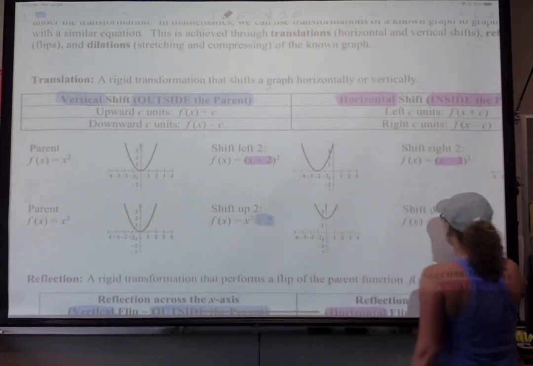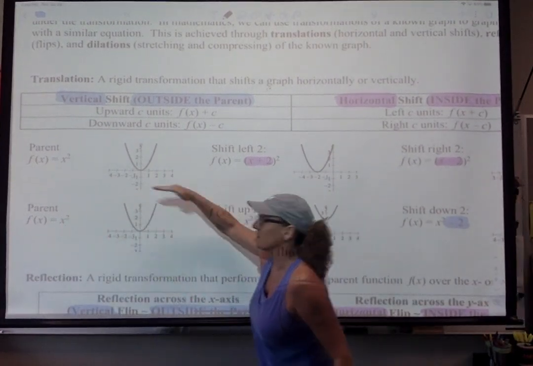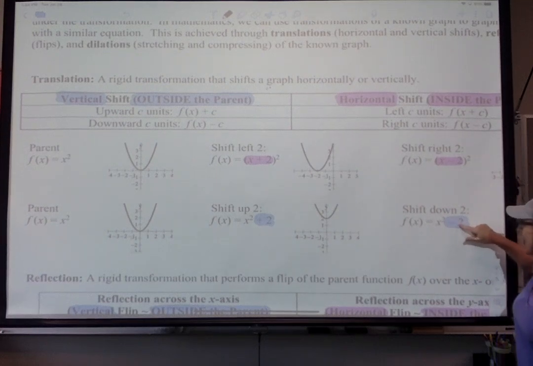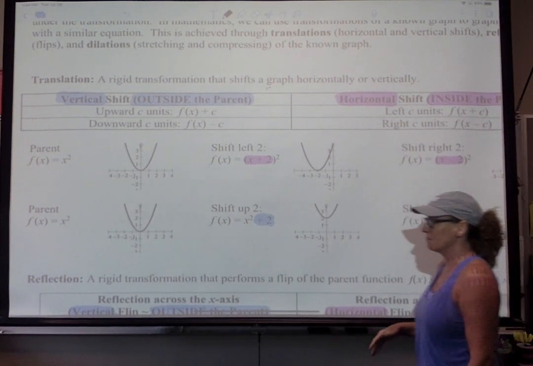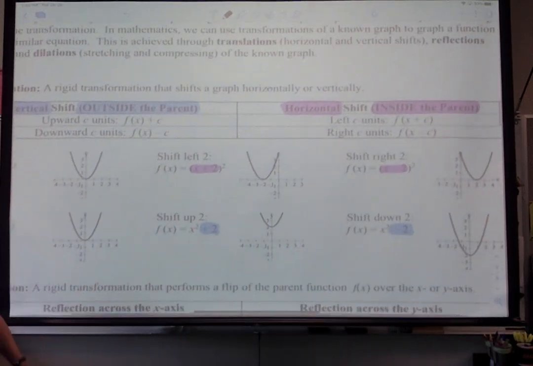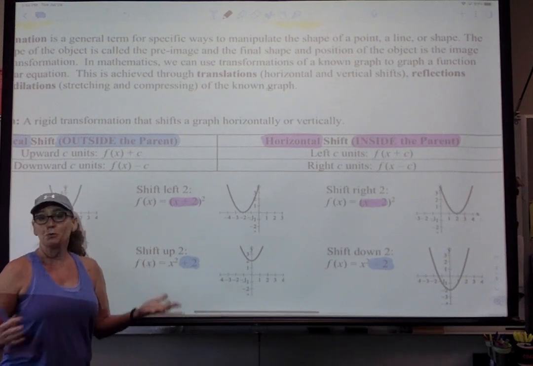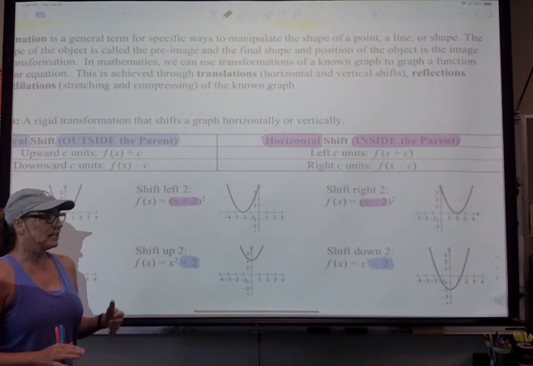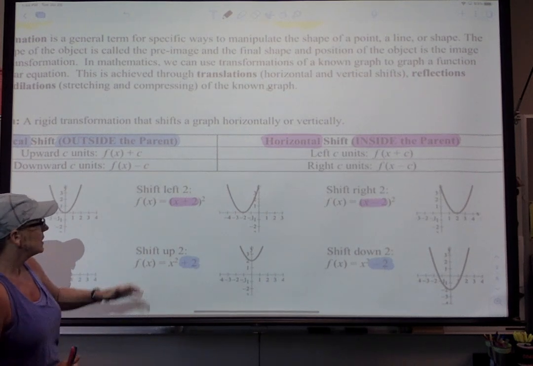Or on these, all the original y values that you got from squaring x, we're going to take the original y's and subtract 2 from them. Okay? So vertical transformations are super easy to see, easy to do. It's the horizontal ones that get you.